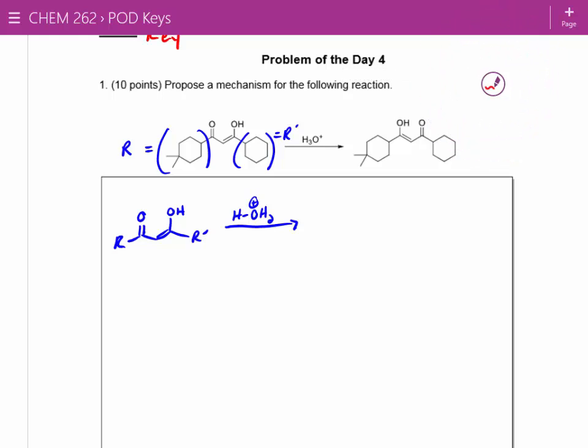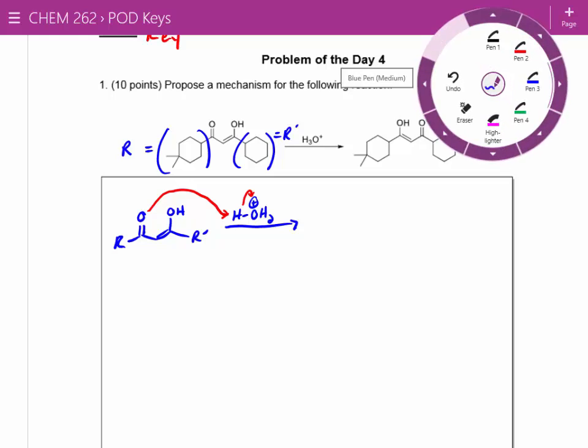First step will be this ketone actually protonating and then kicking off water as your leaving group. I know a lot of people, I was looking at your problem of the days as you were working on them, and you did an addition of a proton to the alkene. That will get you to the right product, but this is actually the preferred mechanism, and I'll talk about that a little bit more when we get further along in the mechanism.